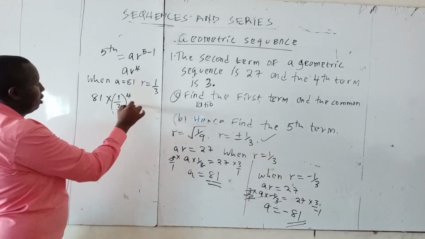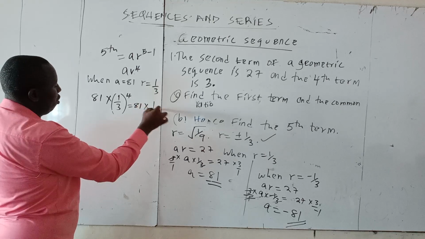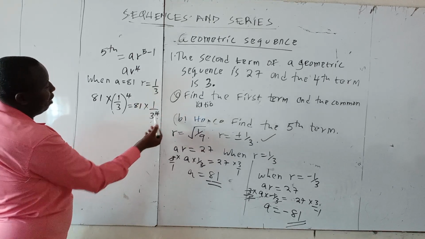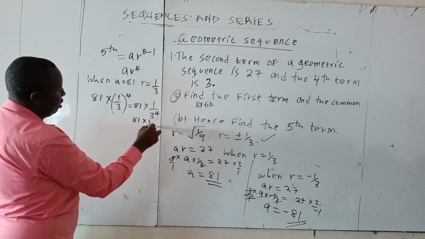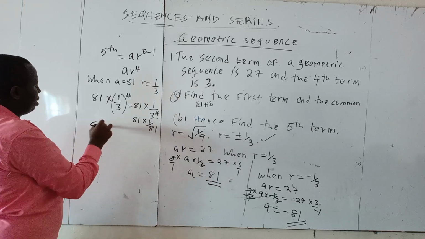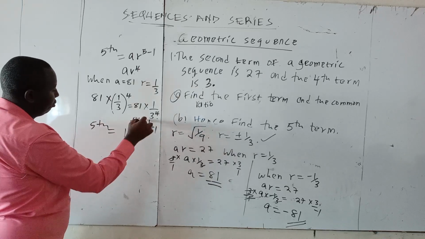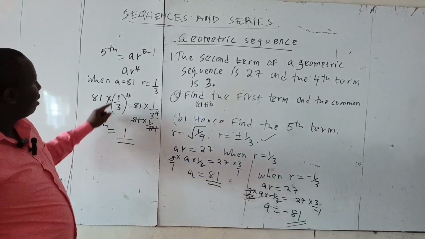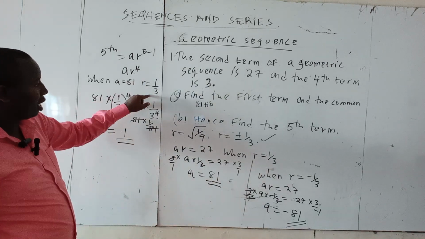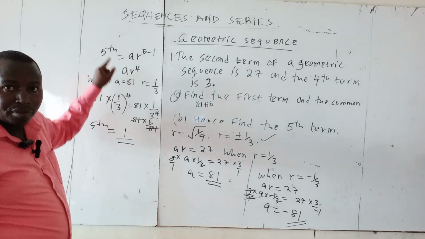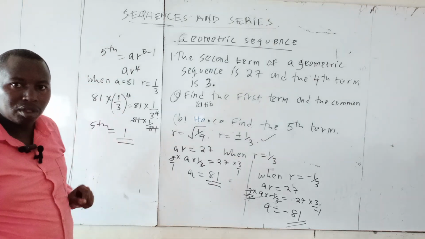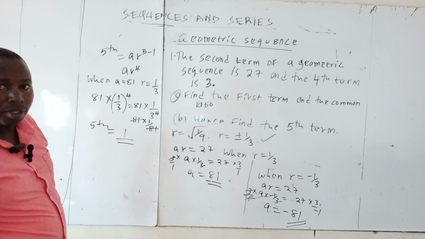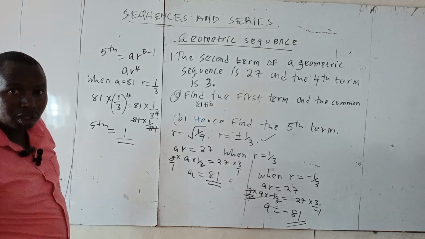So this becomes 81 times 1 over 3 power 4. 3 power 4 is 81. So it is 81 times 1 over 81. So the fifth term in this case is 1. That is when a is 81 and r is 1 over 3. So that's how you work it out.